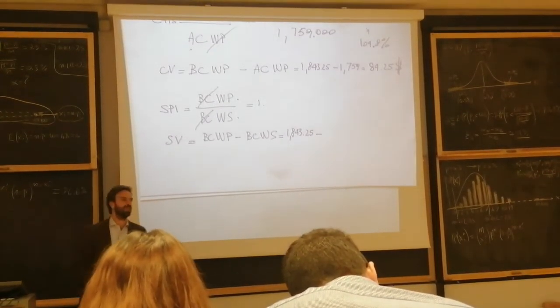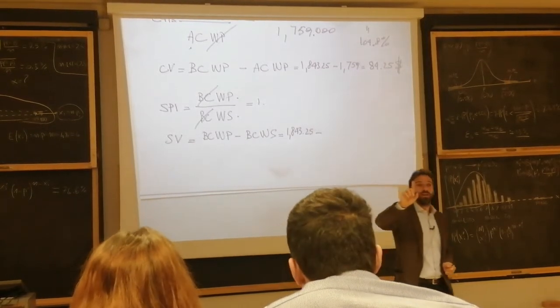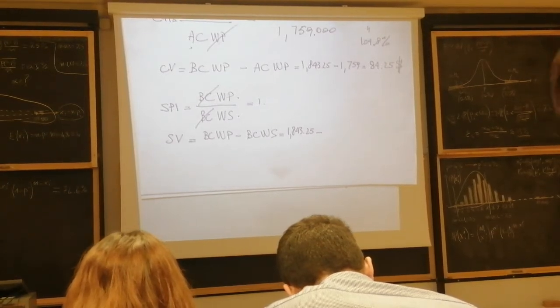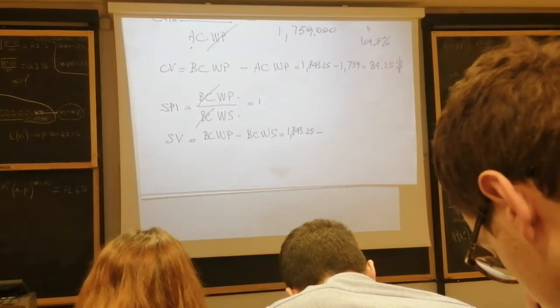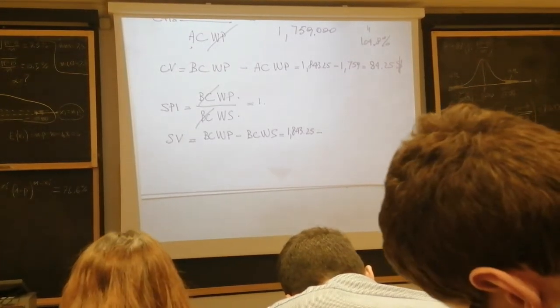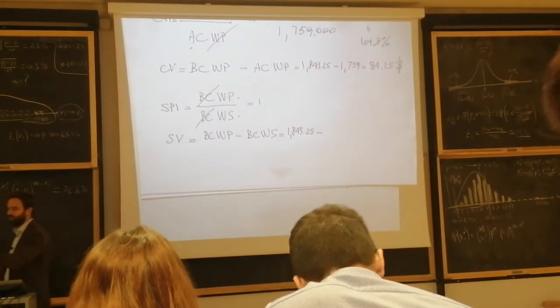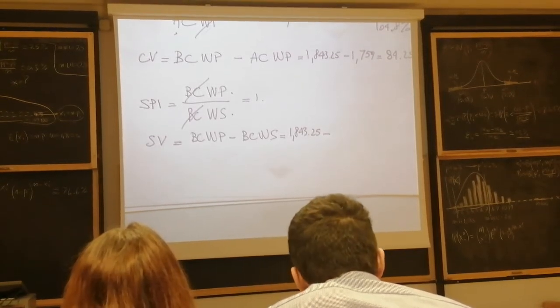How much is BCWS? Be careful, is BCWS including October or no? No, right, because we're taking a picture at the end of September, not October. So how much is it?